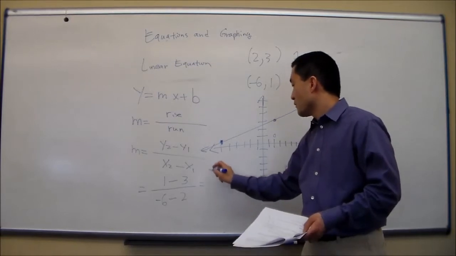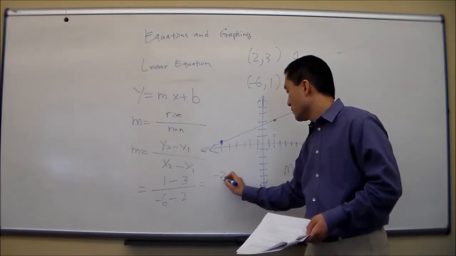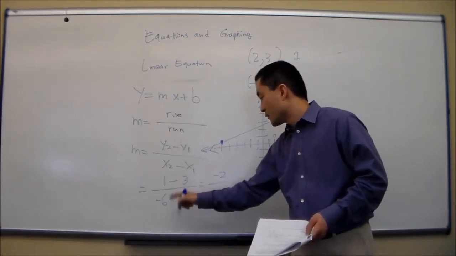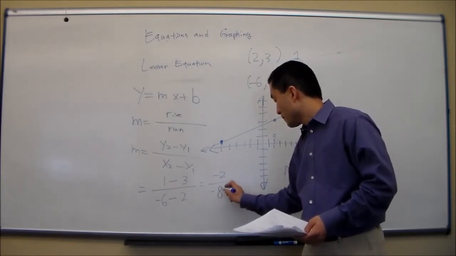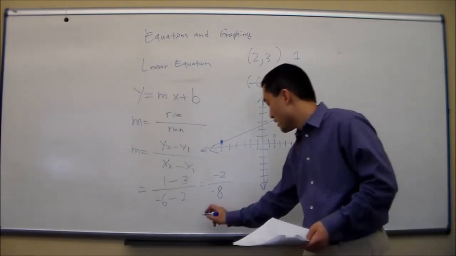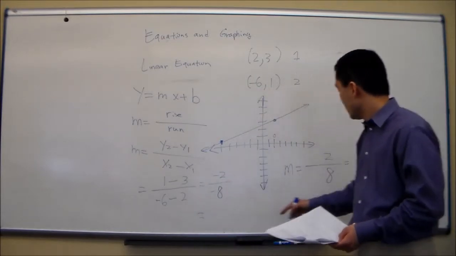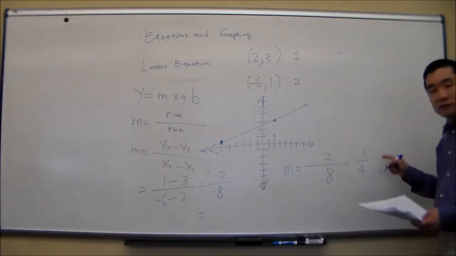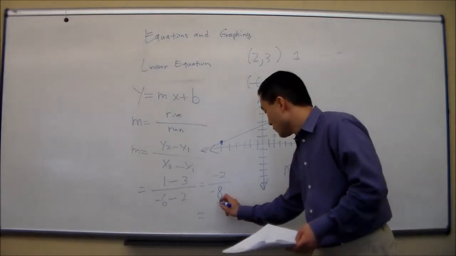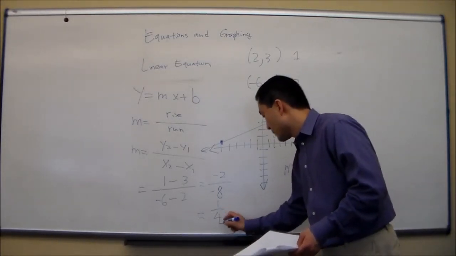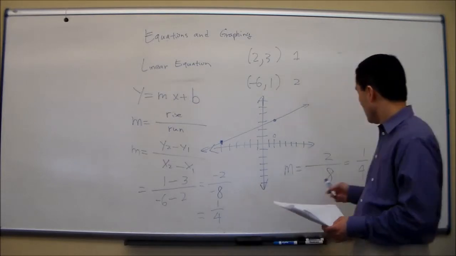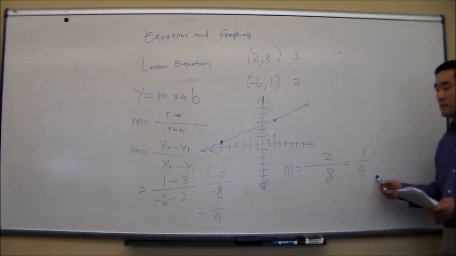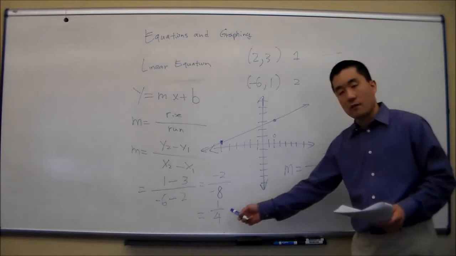So if you do this, 1 minus 3, that's negative 2, divided by negative 6 minus 2, negative 8. So the negatives cancel off. 2 over 8, we already saw that. It's the same as 1 over 4. Okay. So as you can see, they match. Doesn't matter which way you do it. So that's how you can find the slope.